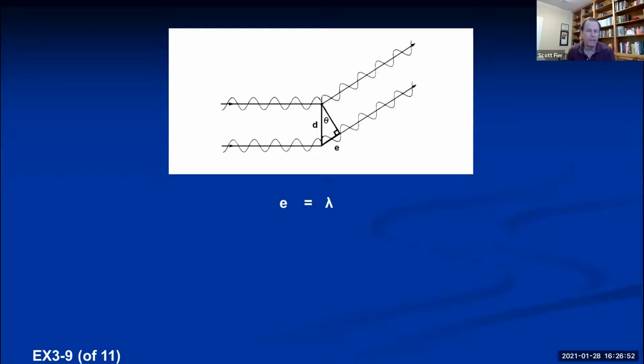The sine of angle theta is going to equal opposite over hypotenuse, and so that's going to be E over D. So trigonometrically speaking, the angle that the light gets bent through is E over D. And if we want to solve for E, because that's the wavelength, I'm going to bring D to the other side of the equation. And so our wavelength of light, in this case the red light, is going to equal D multiplied by the sine of theta. Now, what is that D value? For a diffraction grating, that D value is the distance between the lines on the diffraction grating.